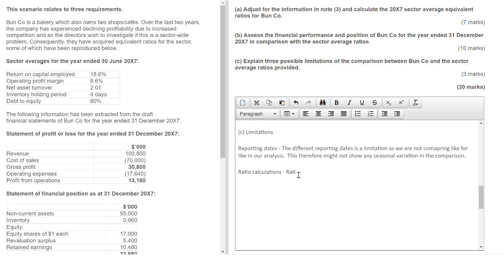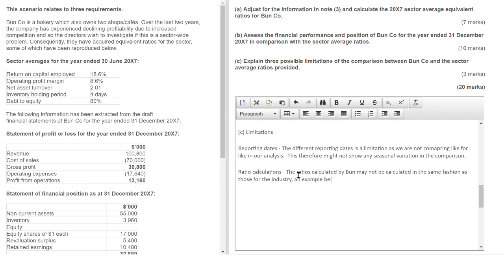So the ratios calculated by Bun may not be calculated in the same fashion as those for the industry.